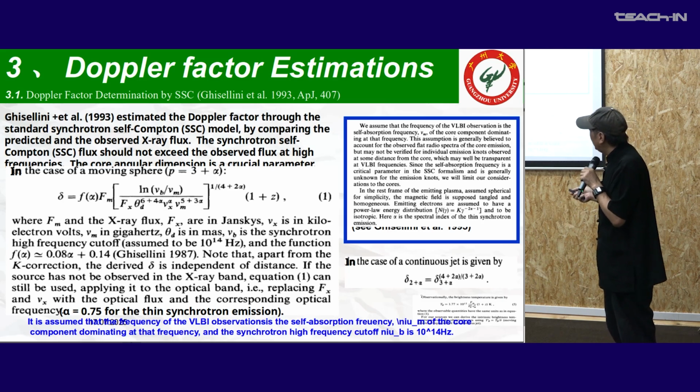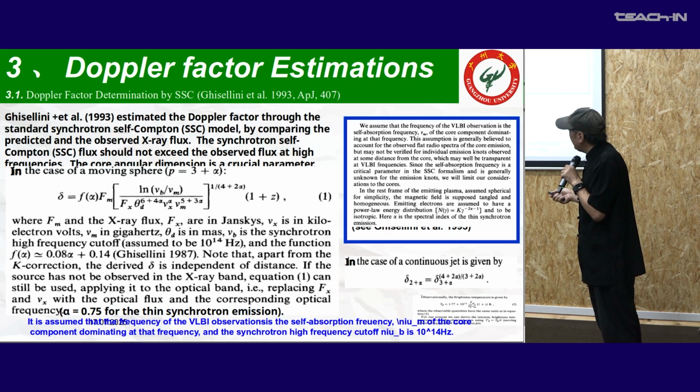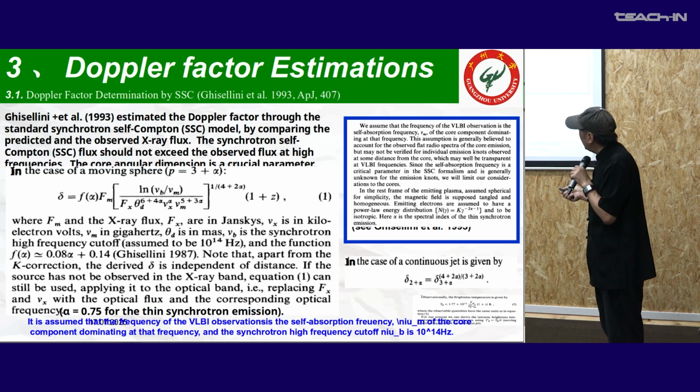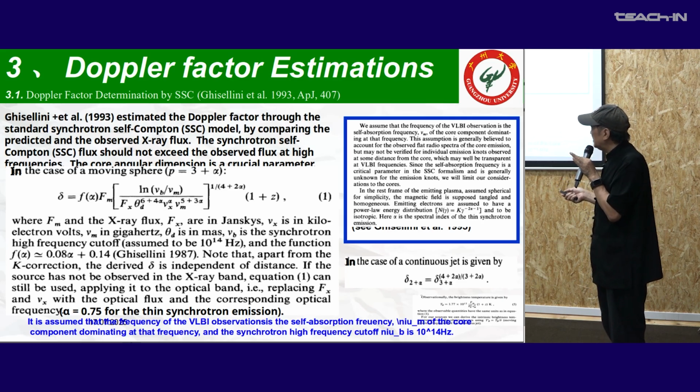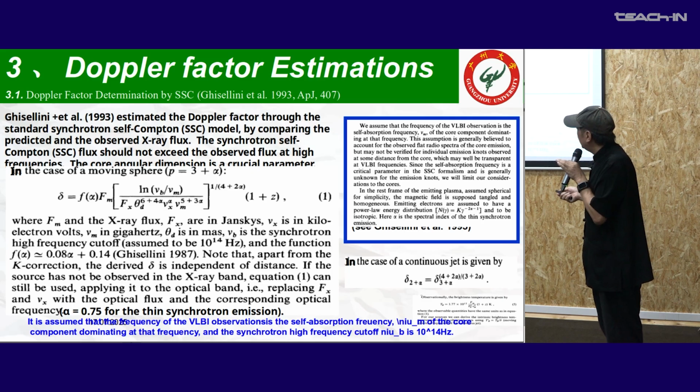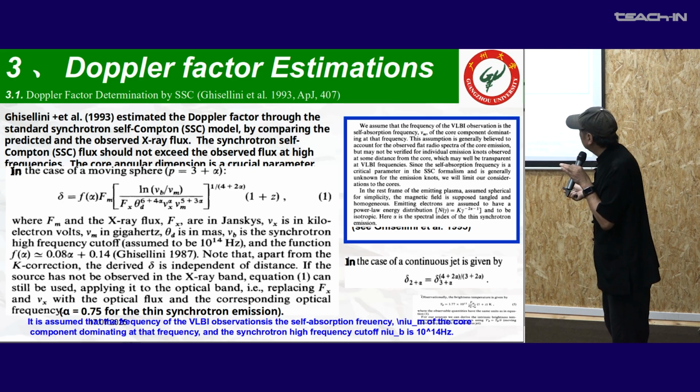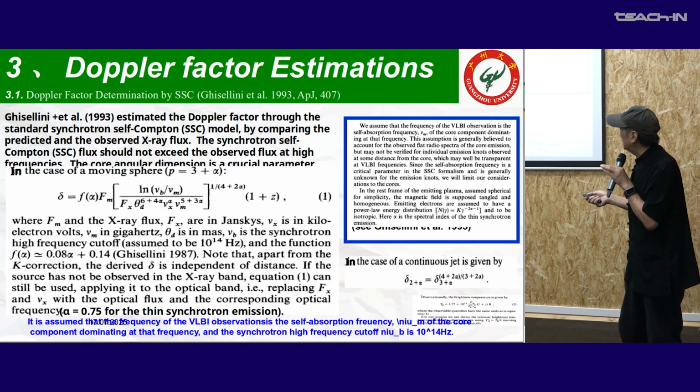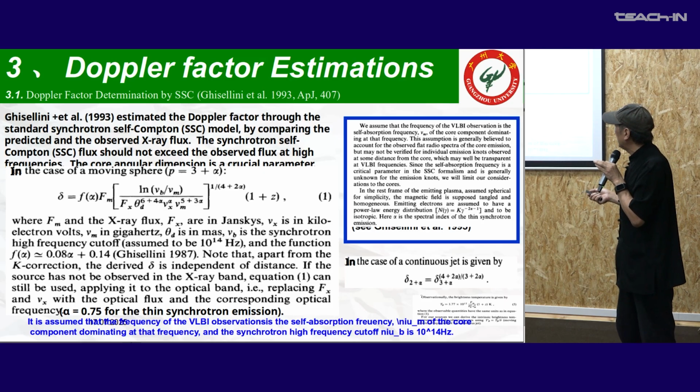Here, Fm and Fx are the flux densities in the radio and X-ray bands, and nu m is the synchrotron cutoff frequency.